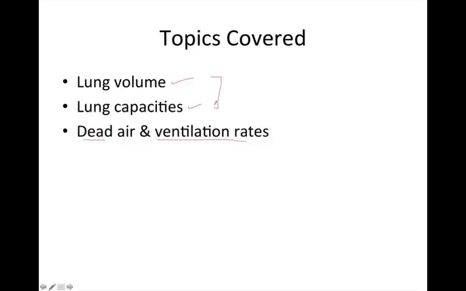What this topic is about is the volumes of air that we're actually bringing in and getting rid of, for the purpose of getting oxygen and getting rid of CO2. Anything that compromises the mechanical aspects of breathing is going to compromise the normal values associated with ventilation, and basically we're going to have abnormal lung volumes and lung capacities.